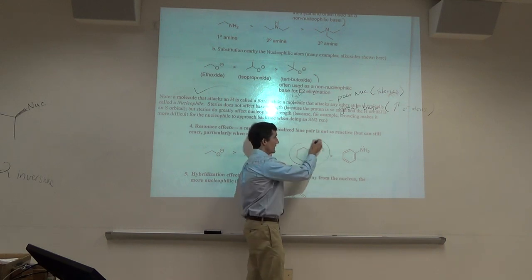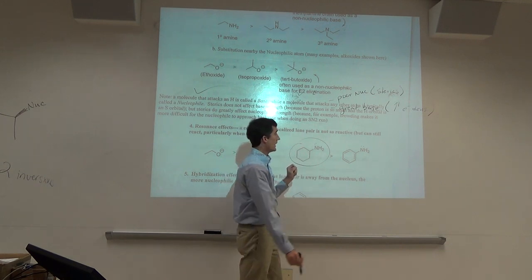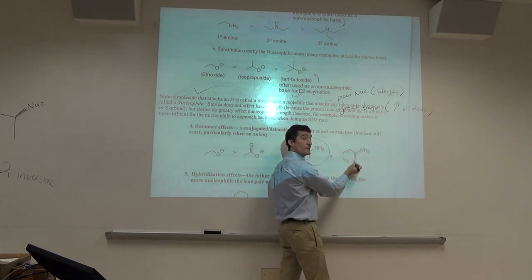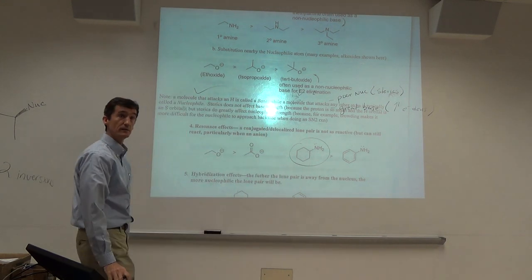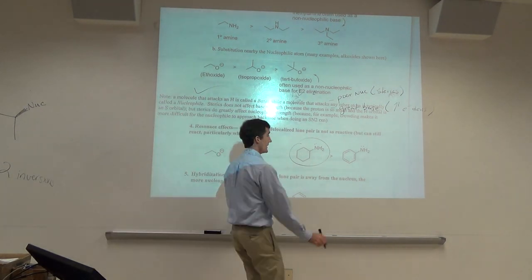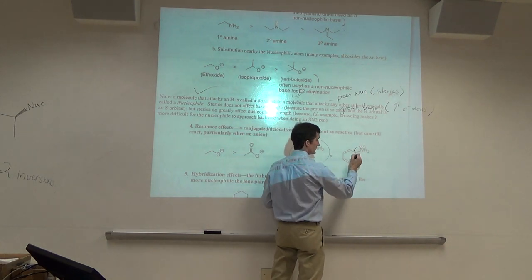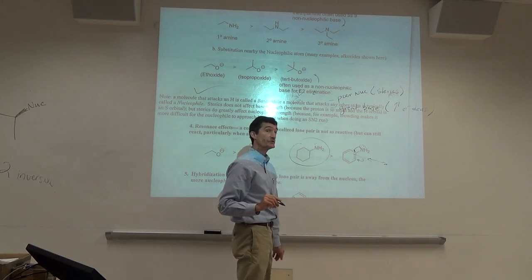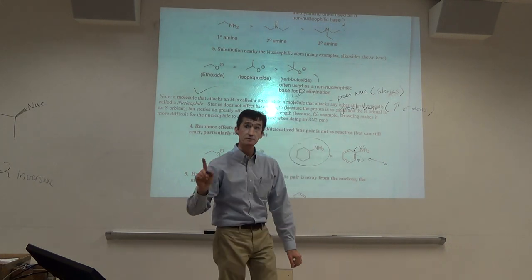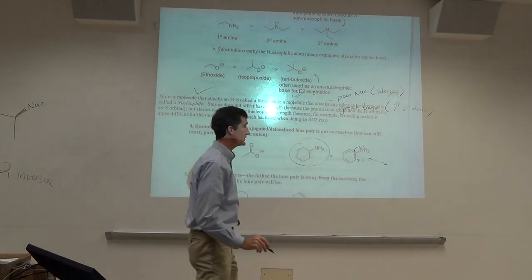Yes, why? The second one has resonance. Because is this lone pair sitting right there on that nitrogen, or is it delocalized into the ring by resonance? Yeah, we can draw resonance structures, right? We've already drawn resonance structures of aniline. And actually, if you draw resonance structures, you see that the nitrogen of aniline actually has what type of charge on it?